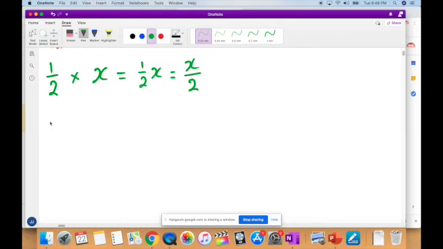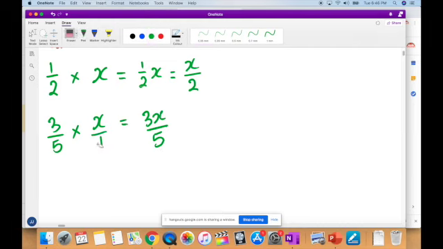What about this one? 3 on 5 multiplied by x. What am I going to get there? 3x over 5. Caitlin, do you agree? Yeah. Alright, x is over 1.